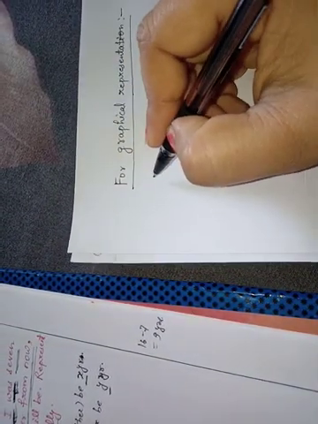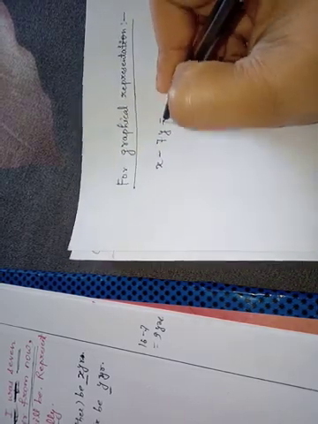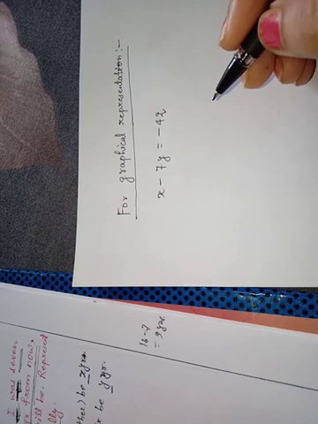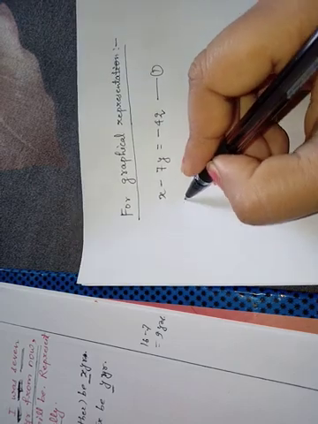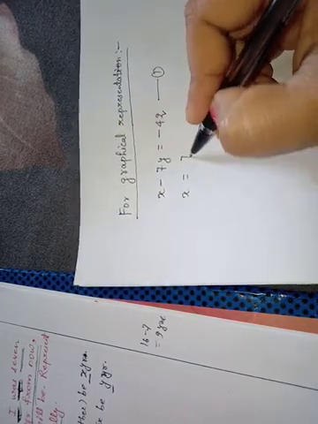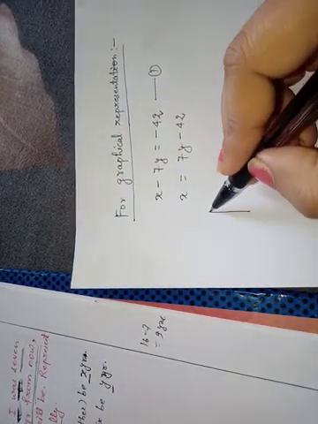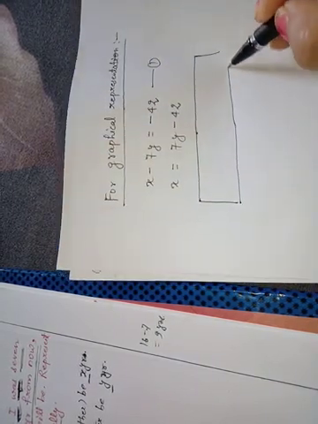Okay, and for this, what will we do? Firstly, we will take equation number 1. x minus 7y equals minus 42. This is equation number 1. So x equals 7y minus 42. Now we will solve this to get the x coordinate and y coordinate.